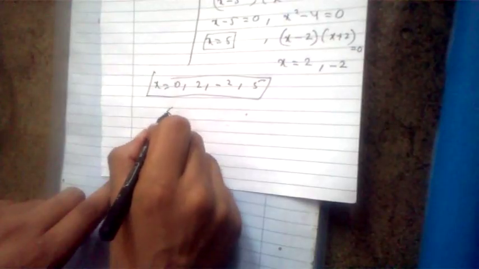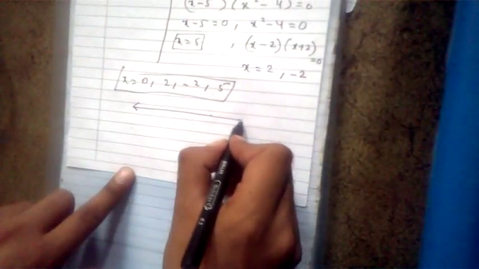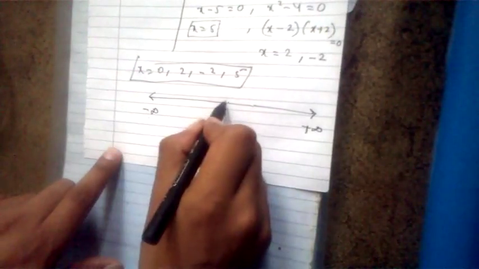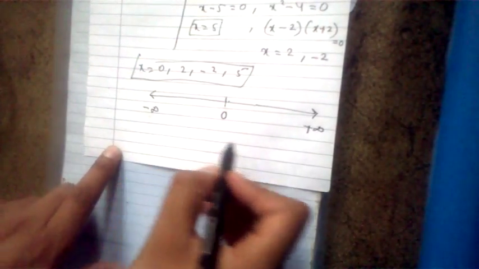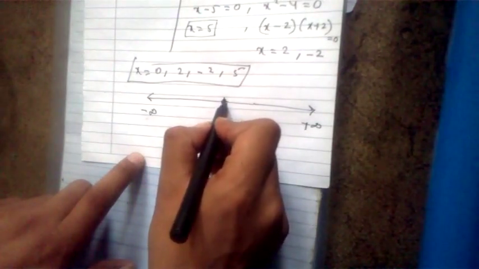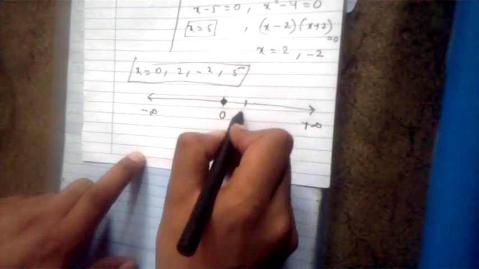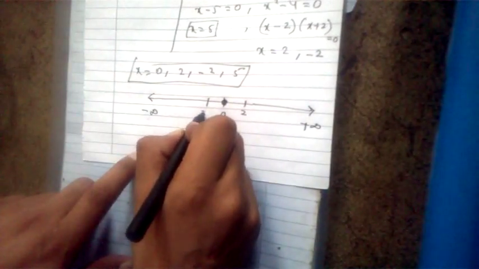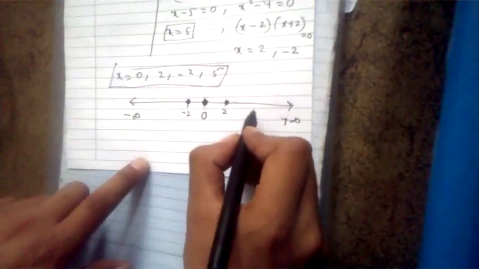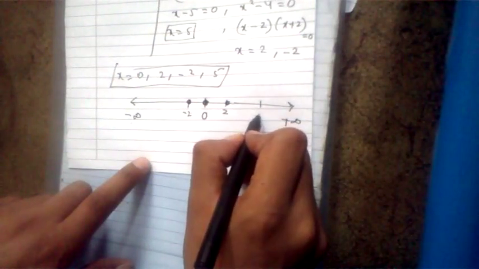You will locate them on the set of real numbers, that is the real number line, plus infinity here, minus infinity here, origin O, that is 0 here. 0 is the boundary point, and 2, minus 2, these are also the boundary points, and the fourth one is positive 5.